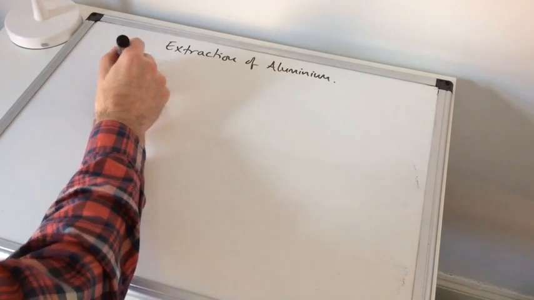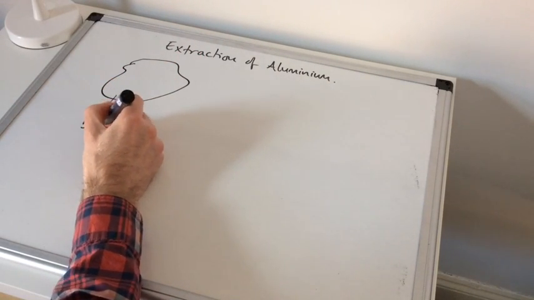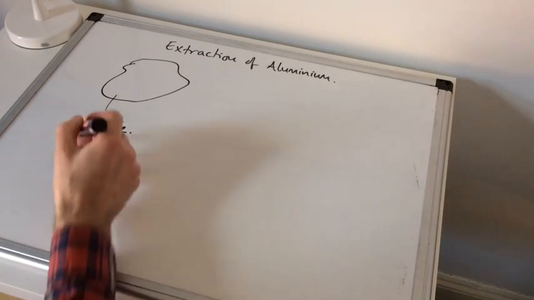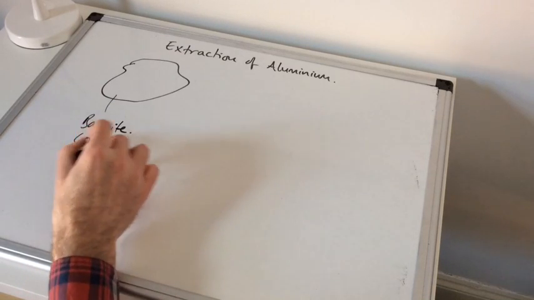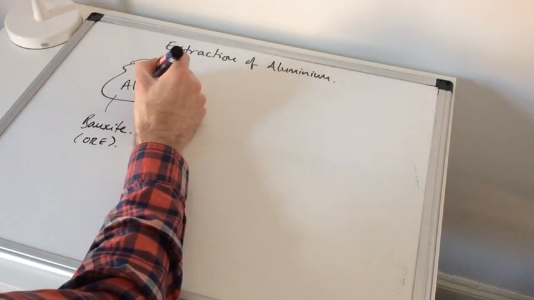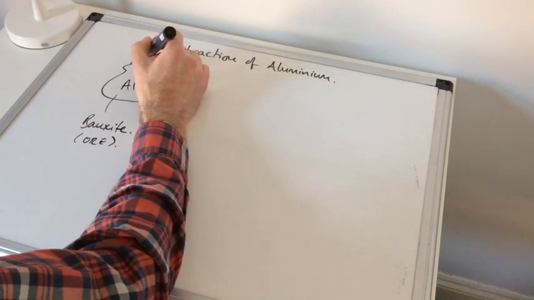So the main ore of aluminium is called bauxite. So just think of the ore as a rock, and within this rock, this ore, we've got the chemical aluminium oxide, and there'll be other stuff as well.